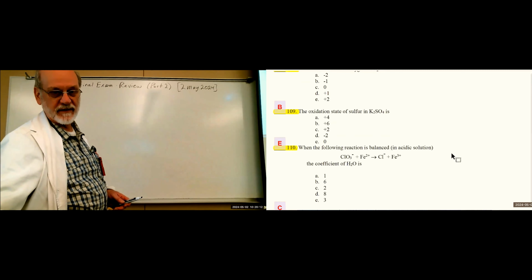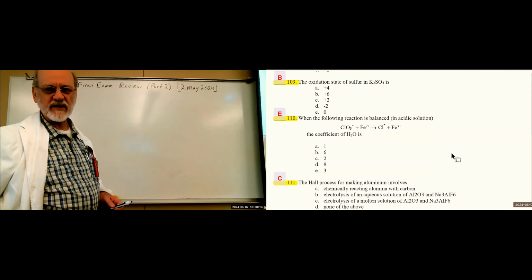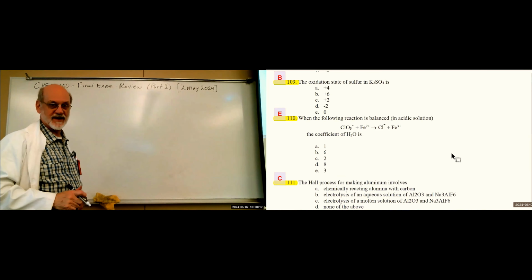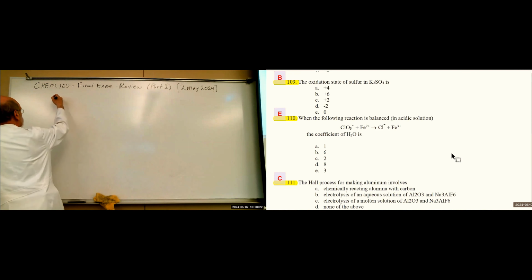$109, $110. When the following reaction is balanced in acidic solution, the coefficient of water is... All right, so this is 110.